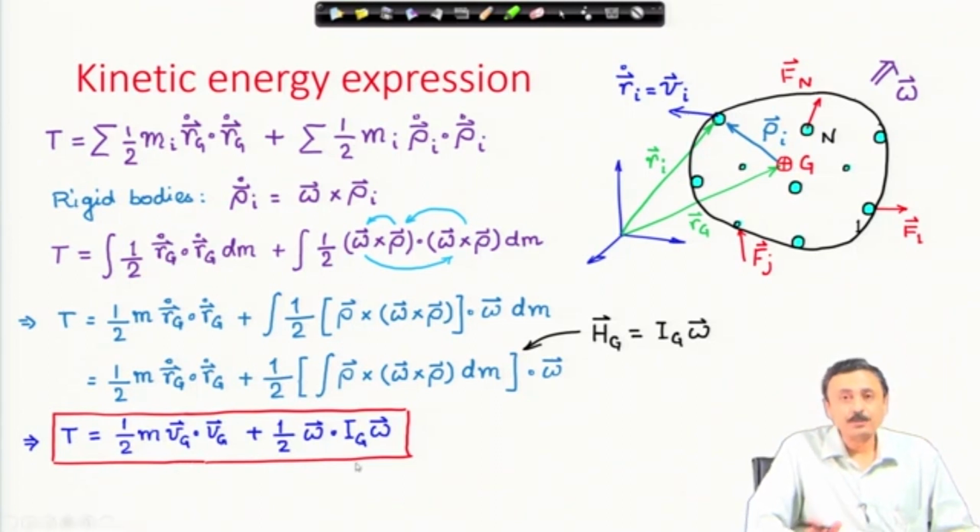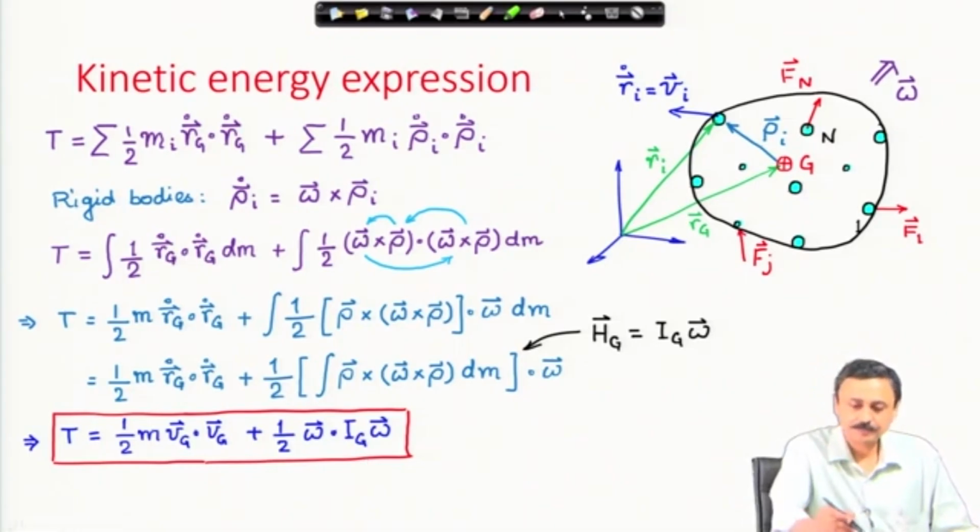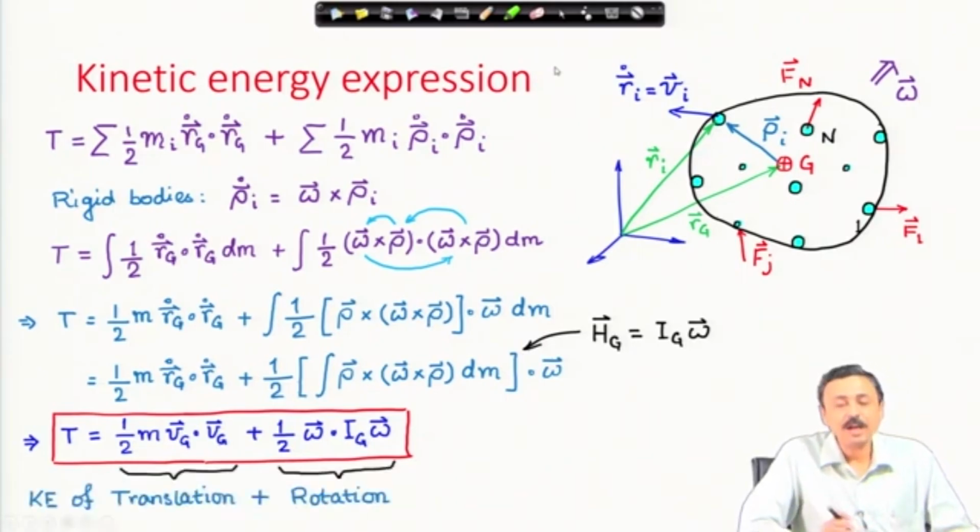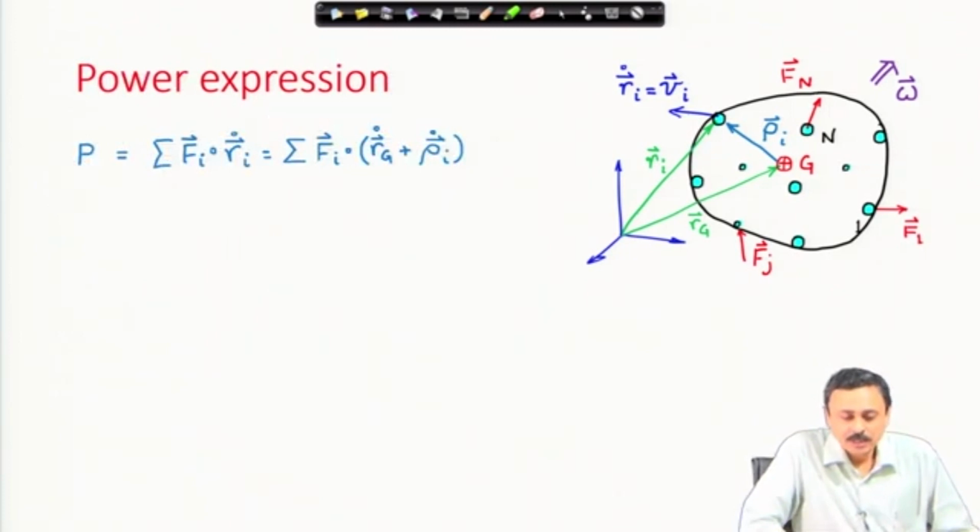Here as an expression, Ig can also be a tensor, the moment of inertia tensor, which we will discuss a little later. But for prismatic bodies, this will turn out to be a scalar. Therefore, we have these two terms, the kinetic energy of translation and kinetic energy of rotation, that constitute the net kinetic energy of the body.